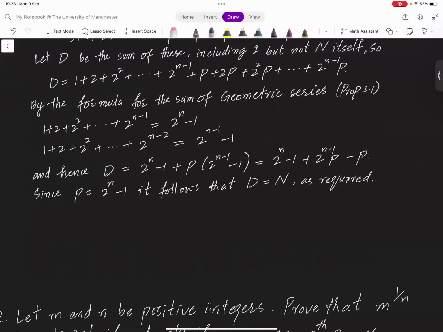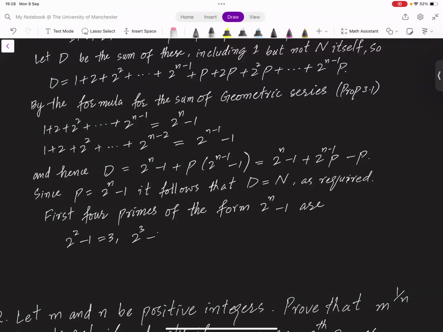So first 4 primes of the form 2 power n minus 1: 2 square minus 1, which is 3. 2 cube minus 1 is 7. 2 power 5 minus 1 is 31. 2 power 7 minus 1 is 127.